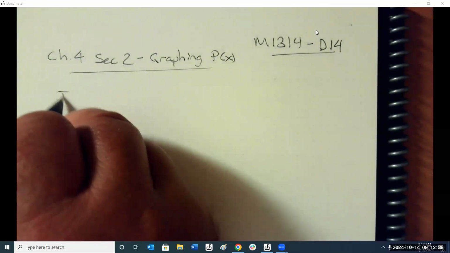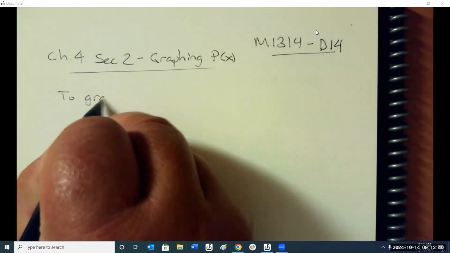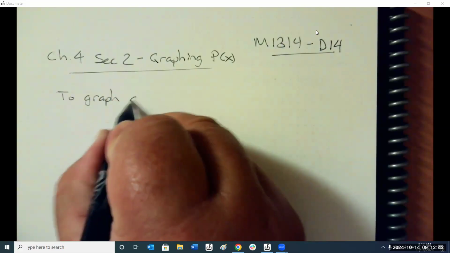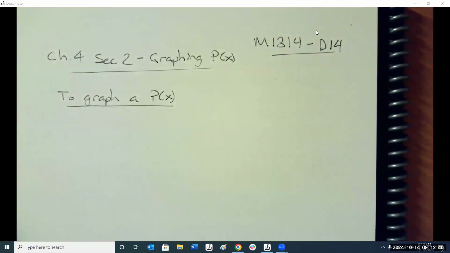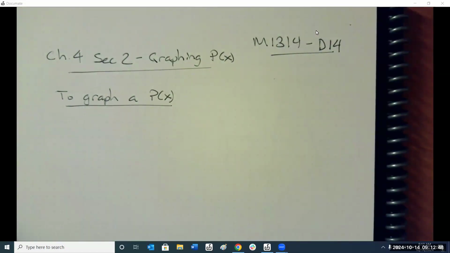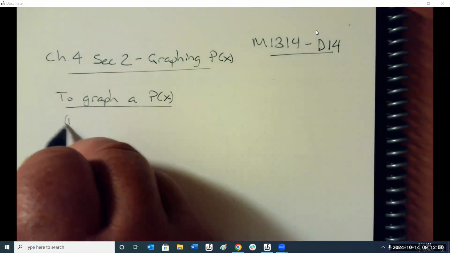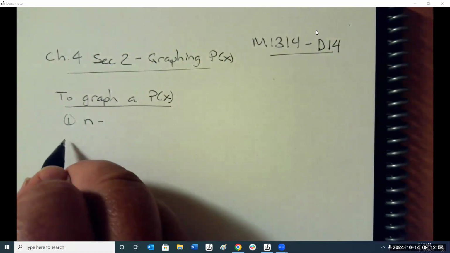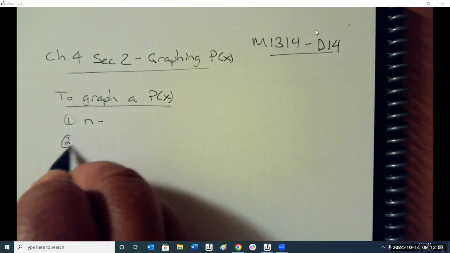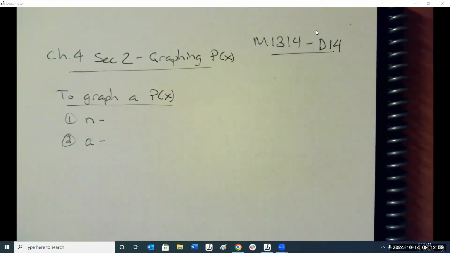All right. To graph a polynomial function, what do we need? We need to know n. We need to know a.